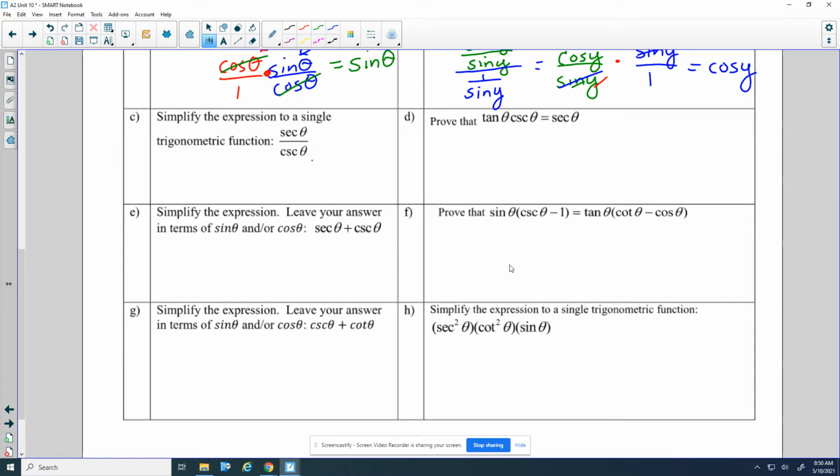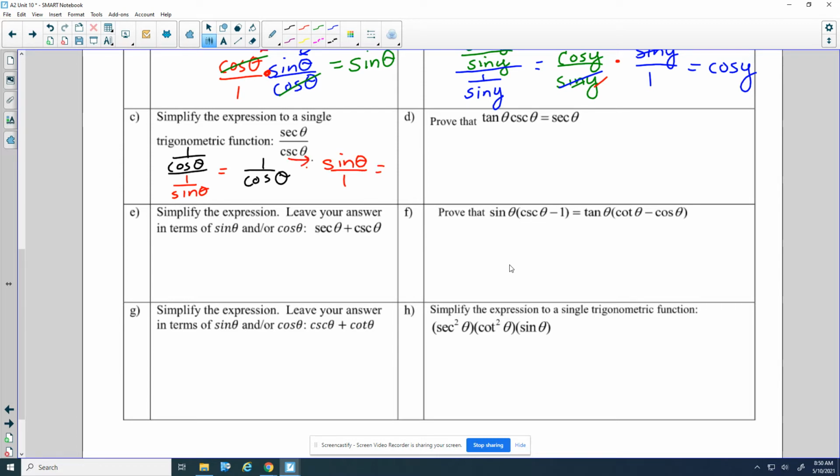So looking at this one, secant theta is 1 over cosine theta, and cosecant theta is 1 over sine theta. So we're going to do that keep, change, flip. Change this to multiplication, and then sine theta over 1. So nothing cancels here.